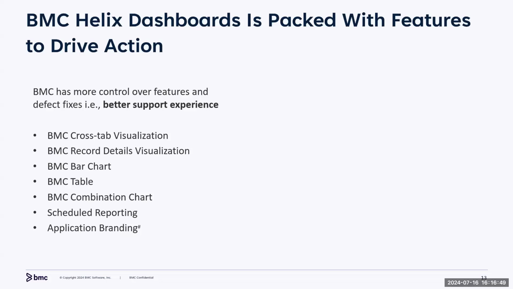We can override what Grafana ships out of the box with newer capabilities that we add on top of what Grafana already provides. And that's how we have greater control over the feature functionality of Dashboards compared to smart reporting, where we were dependent on a vendor entirely to provide all those capabilities.